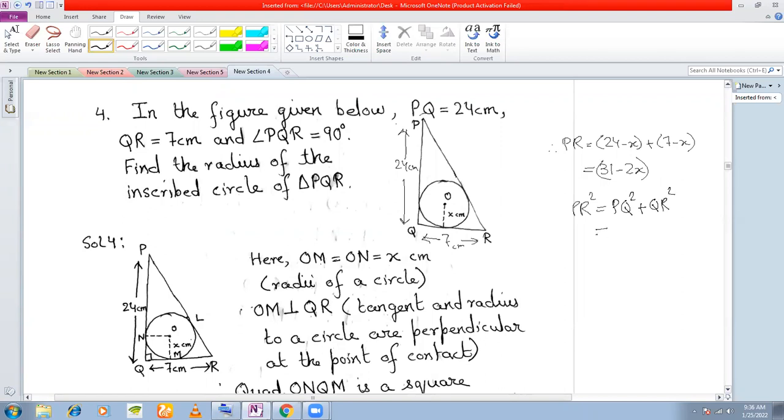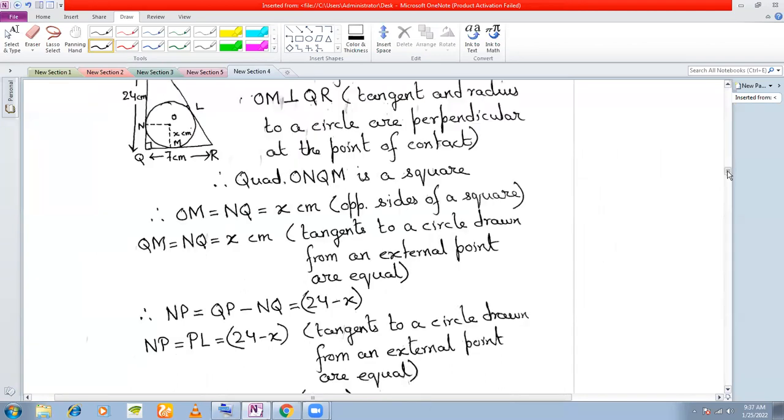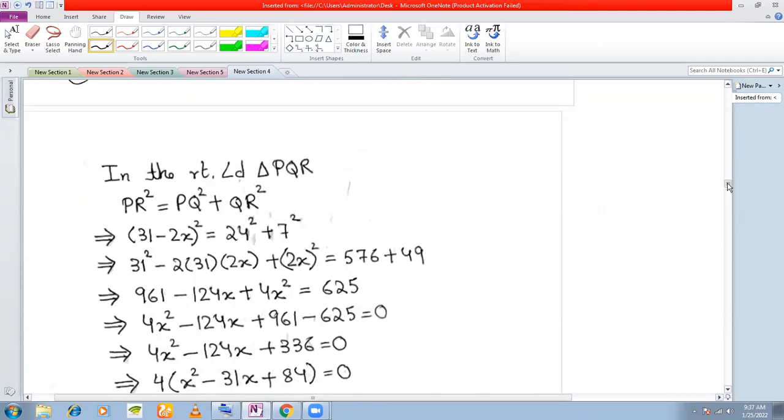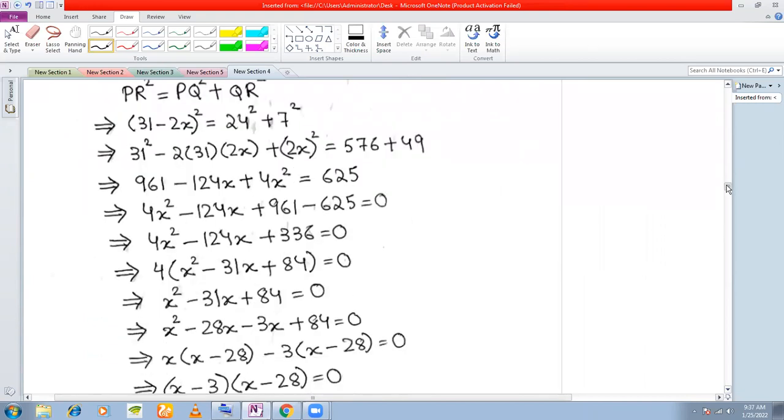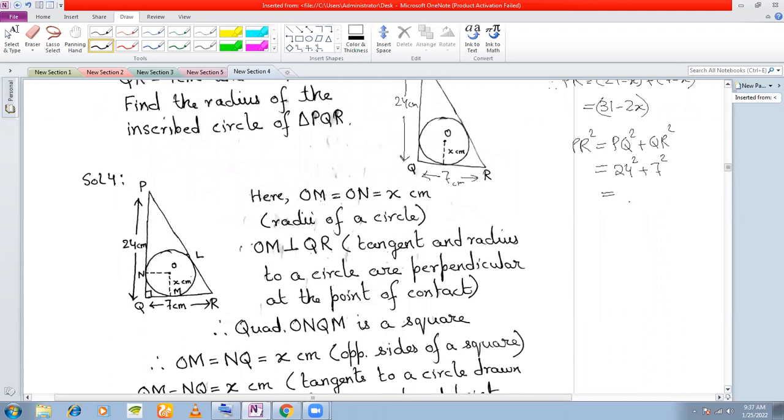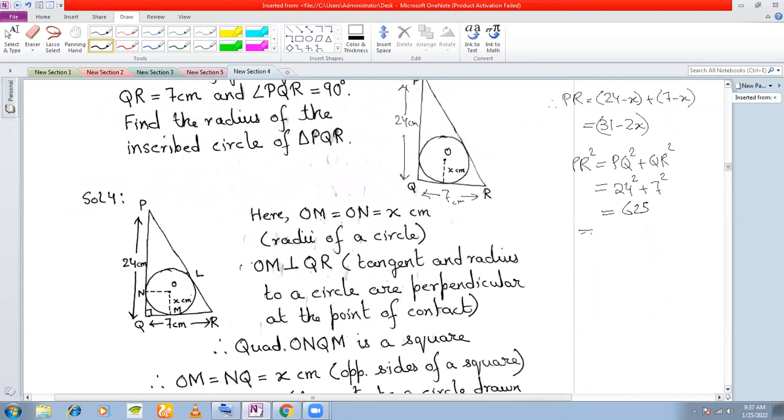So you can find out the length of the hypotenuse from here, 24 square plus 7 square. Okay, and it should be equal to, I'm not calculating here, this should be equal to 625. That means PR square is equal to 625. So PR is equal to square root 625, which is equal to 25. PR is equal to 25.